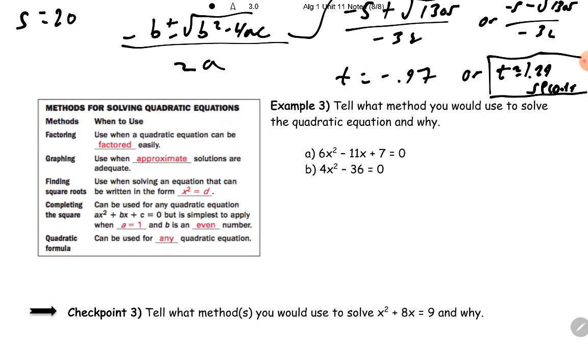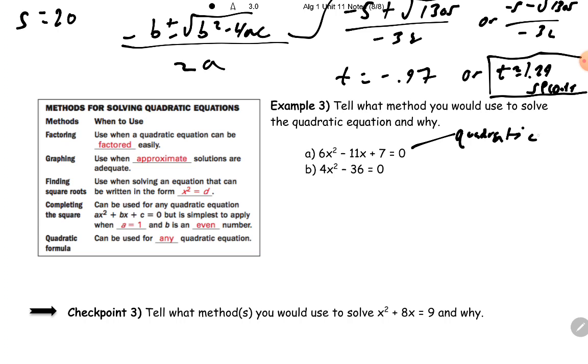Example 3. Tell what method you would use to solve the quadratic equation and why. Now, if it can't be factored easily from the top of your head, and it can't be solved easily just by moving things around, go ahead and use the quadratic formula.